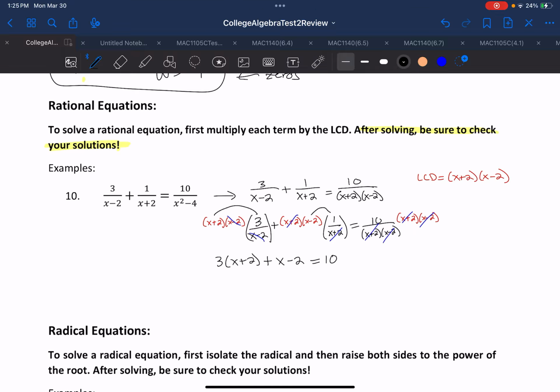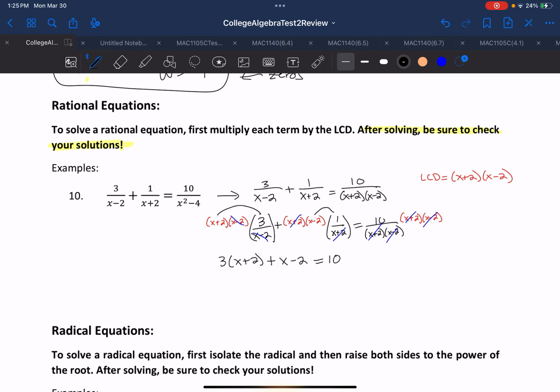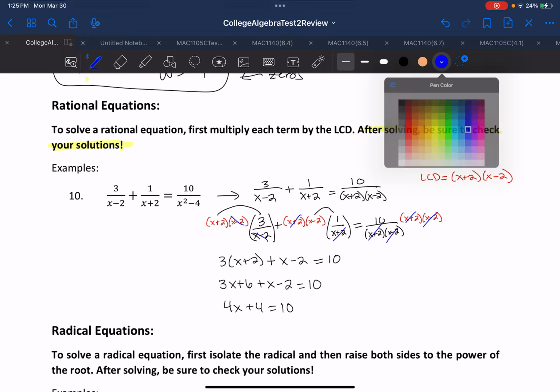So now I continue to solve like normal. I'll distribute the 3. That will give me 3x plus 6. Bring down the plus x minus 2 equals 10. Combine like terms. 3x plus x is 4x. 6 minus 2 is 4. Then subtract the 4 over.